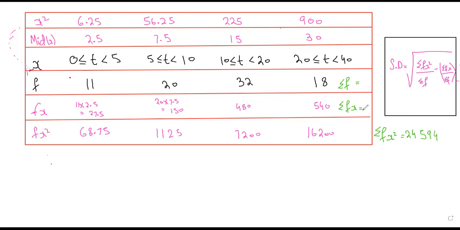Okay. What is summation fx? One four four five. Oh, sorry. Did I? Oh, no. It should be 1197.5. That's 150. That's 480.